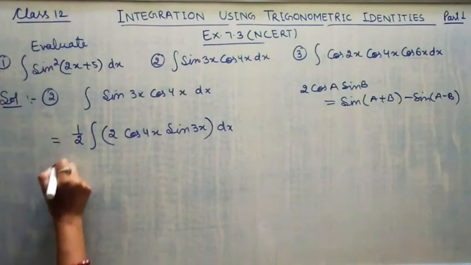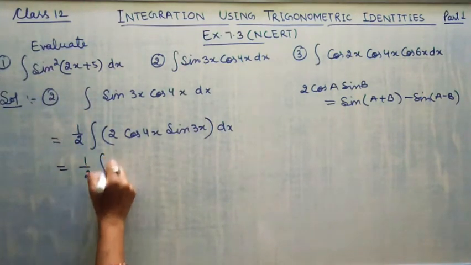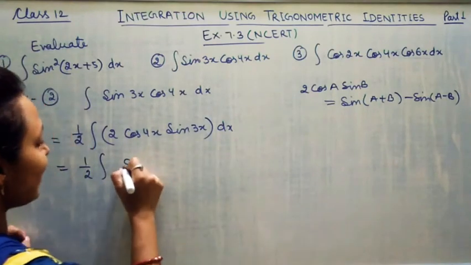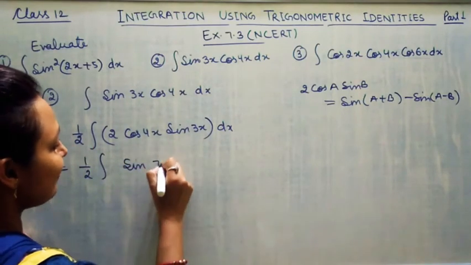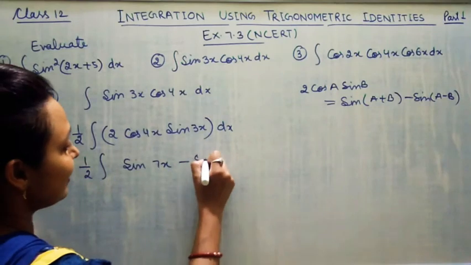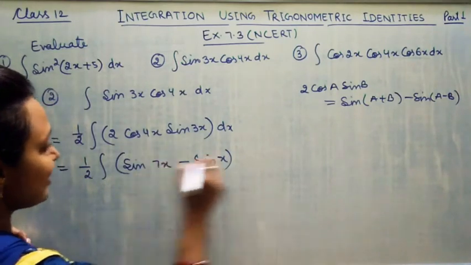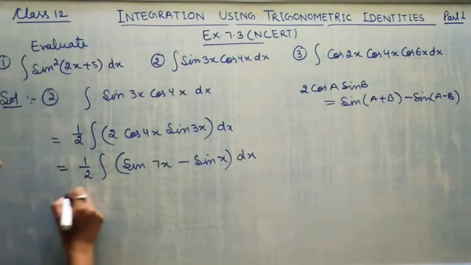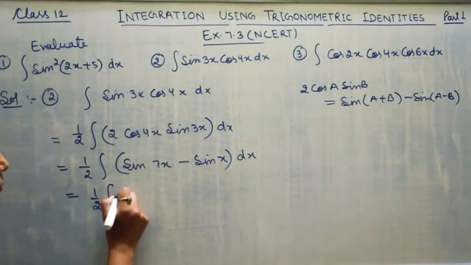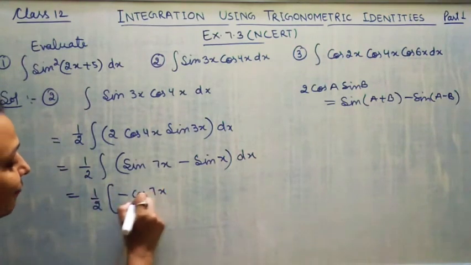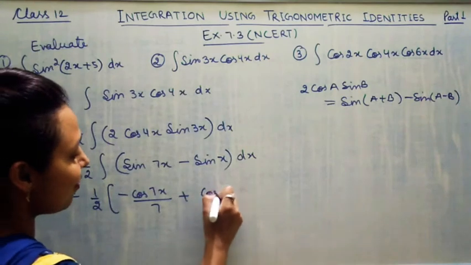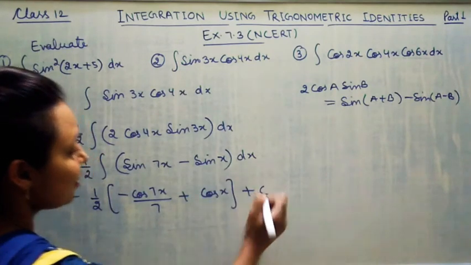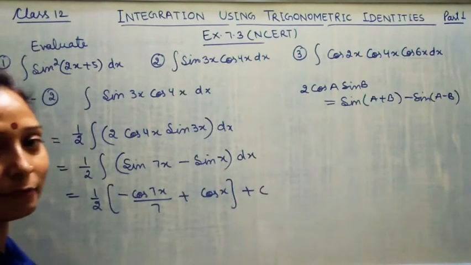So sin of 4x plus 3x is sin 7x, minus sin x, dx. Now I will integrate it: minus cos 7x divided by 7 plus cos x plus constant. So this is the way to solve question number 2.